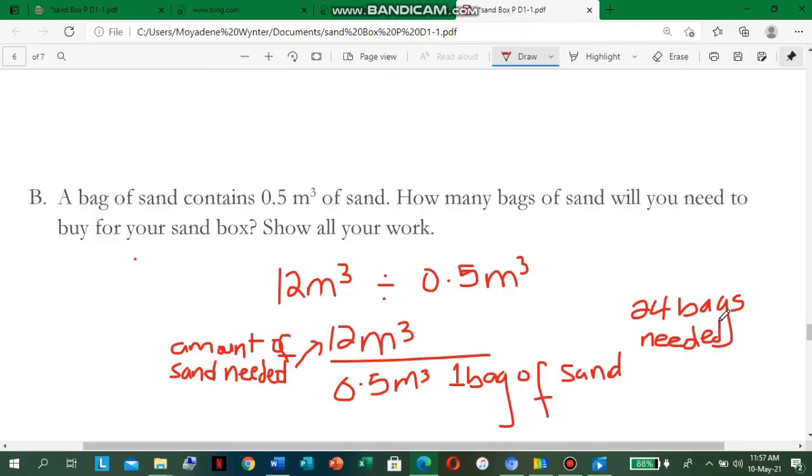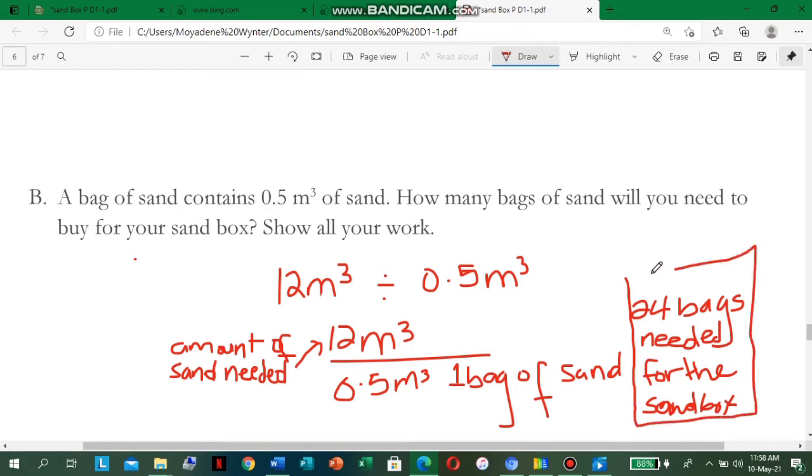Let me put it here: 24 bags needed for the sandbox. So that's how we work out our answer.